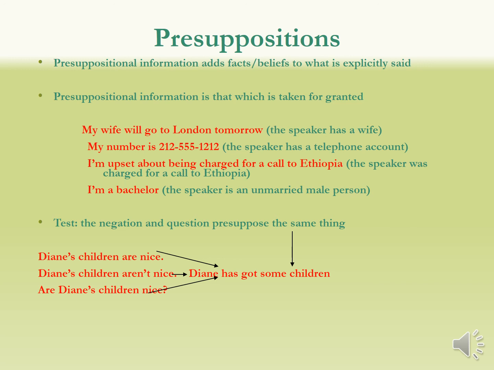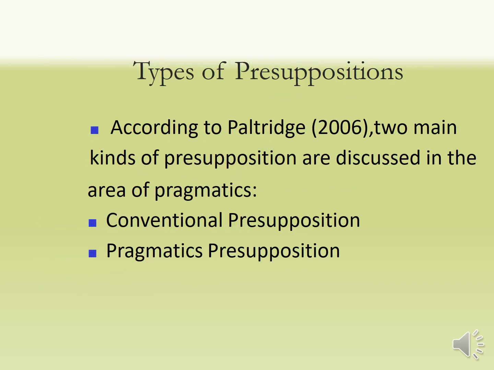"I am a bachelor" means he is unmarried. Sometimes we assume things from the statements made by other speakers. We try to guess, we try to assume the fact by utilizing the statements of the speakers. So I hope you got the point that I want to make.